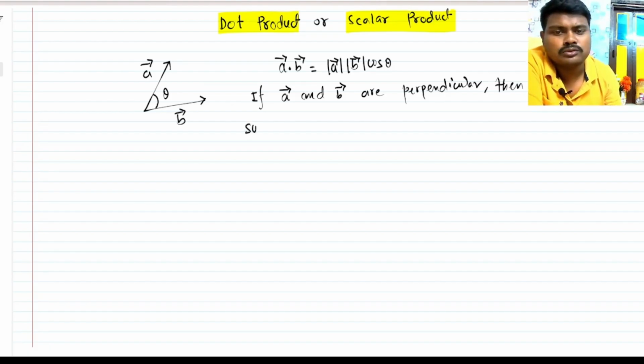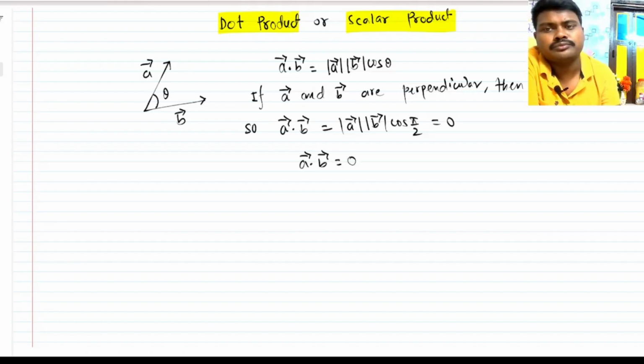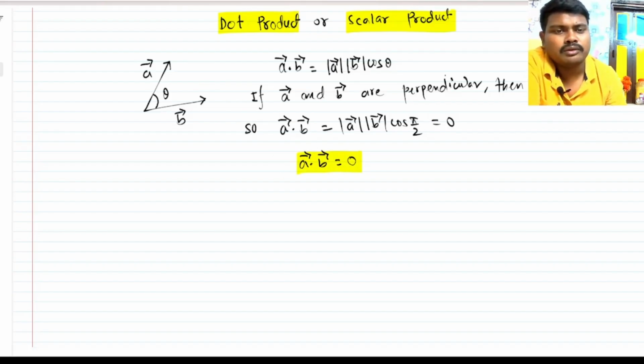So A dot B is equal to mod A mod B cos pi by 2, which equals 0. That is, when two vectors A and B are perpendicular, then their dot product is 0. Perpendicular vectors are also sometimes called orthogonal vectors.